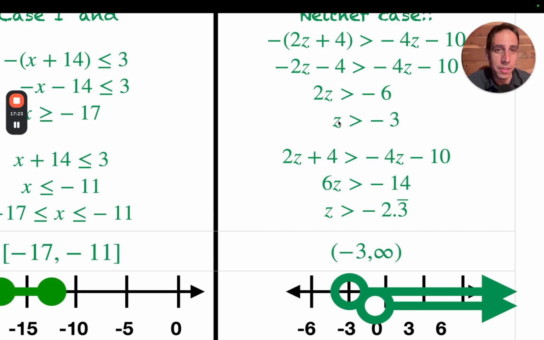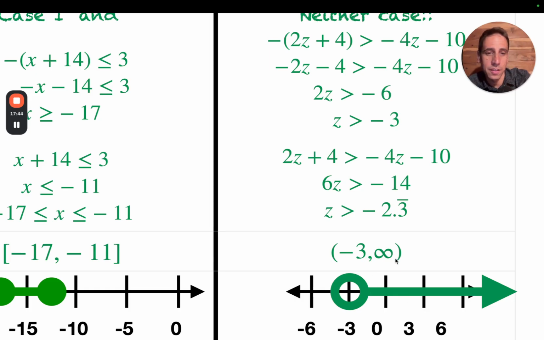They're already covered by the top version here. So if you were shading this, you could just get rid of this one here. And if you're typing in an ALEKS, you just shade one of them, because it covers both at the same time. And the interval notation is negative 3 to positive infinity.